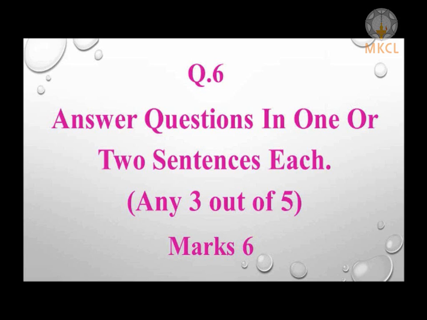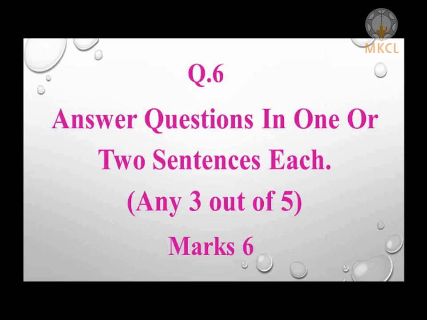Now when you write this answer, don't write the way I spoke just now. It should be: the main causes of inflation are point A or point 1, increase in the demand for goods and services, point 2, decrease in the supply of goods and services. Write 2 points, each point carries 1 mark.